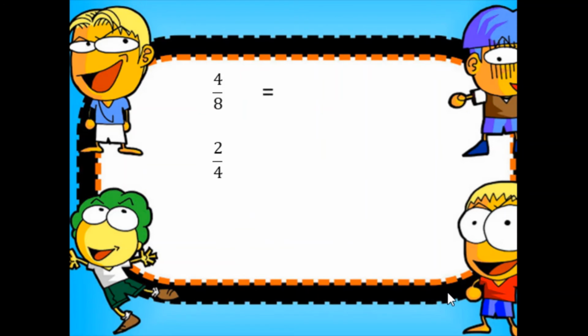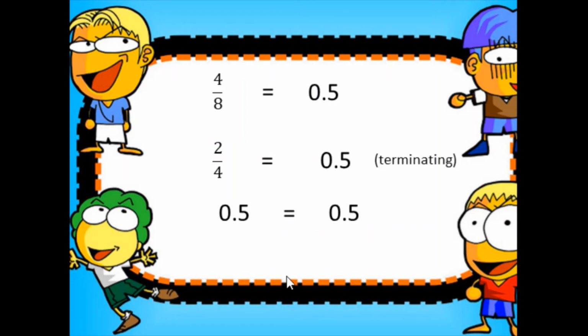Same as with this one. Change the decimal first. We have 0.5 and 0.5. Therefore, it is very simple. Alright, good job. It's equal. Kindly say 0.5 is equal to 0.5.